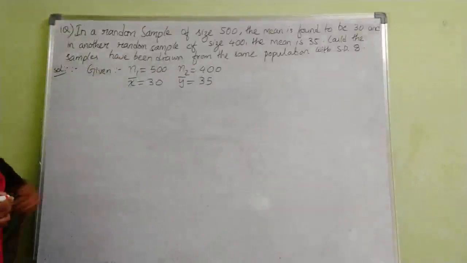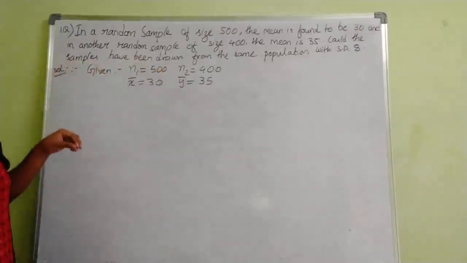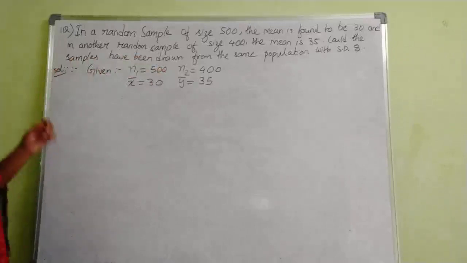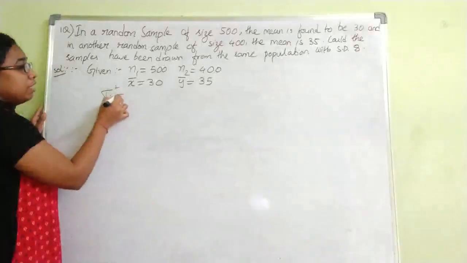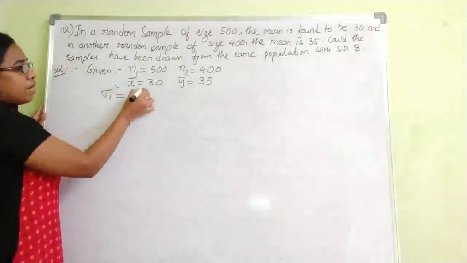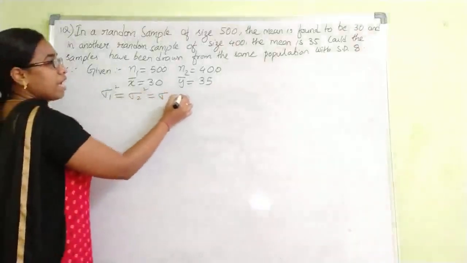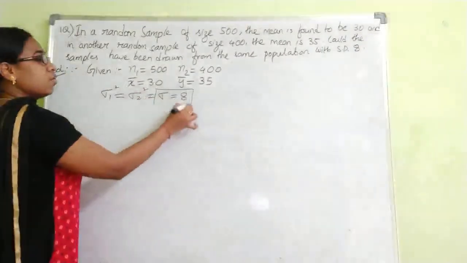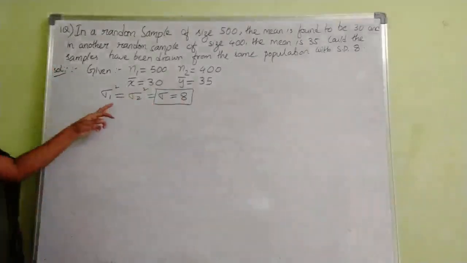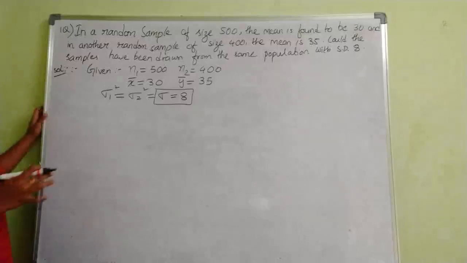What is the condition given? Both samples are drawn from the same population with standard deviation 8. Same population means sigma 1 square equals sigma 2 square equals sigma square, and sigma is given as 8, under the condition that both sigma 1 square and sigma 2 square are equal.